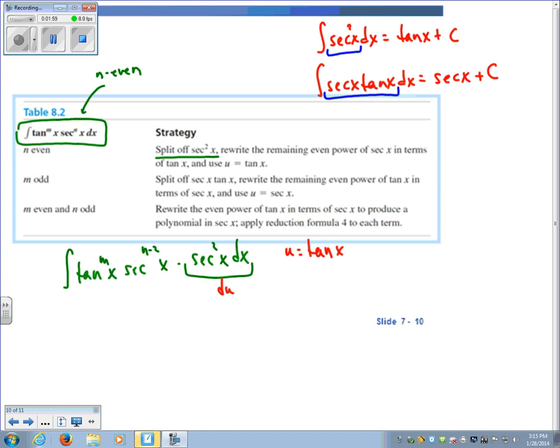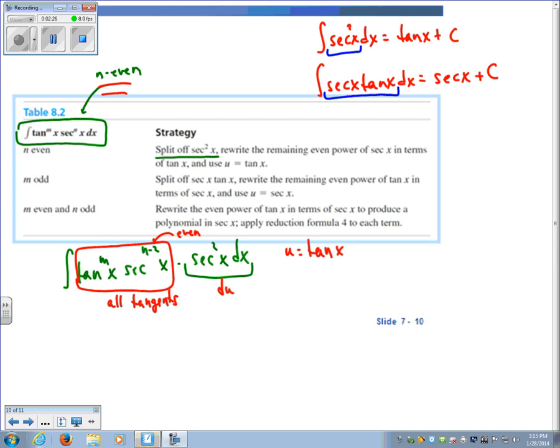So if a u substitution is going to work here, I want this entire expression here to be all tangents. Well, that should be easy enough if, remember, n was even. If n was even, then I know that n minus 2 is even, and so I can use my trig identity.